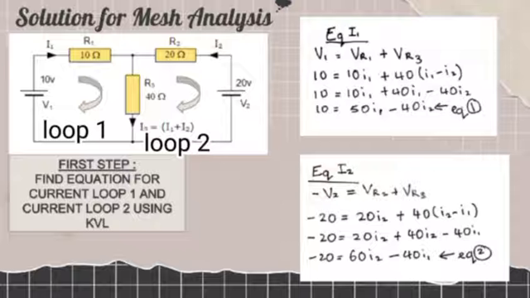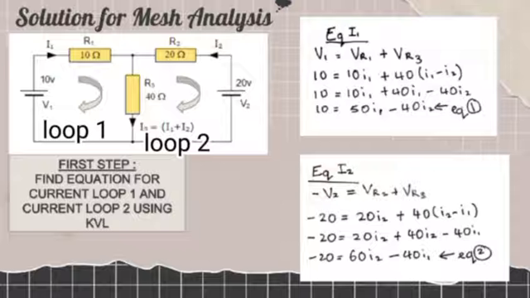To solve this problem, the first step is to find the equation for current loop 1 and current loop 2 using KVL, that is Kirchhoff voltage law. For loop 1, V1 equals VR1 plus VR3.